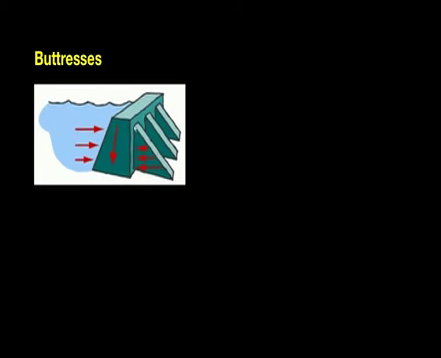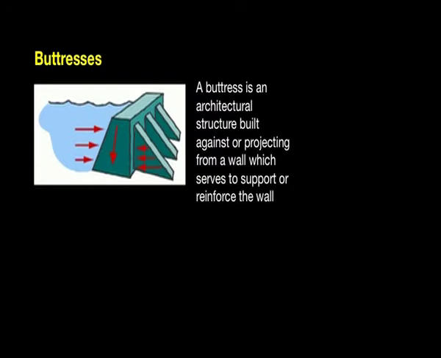These triangle looking structures are buttresses. Now, let us define a buttress. A buttress is an architectural structure built against or projecting from a wall which serves to support or reinforce the wall itself.